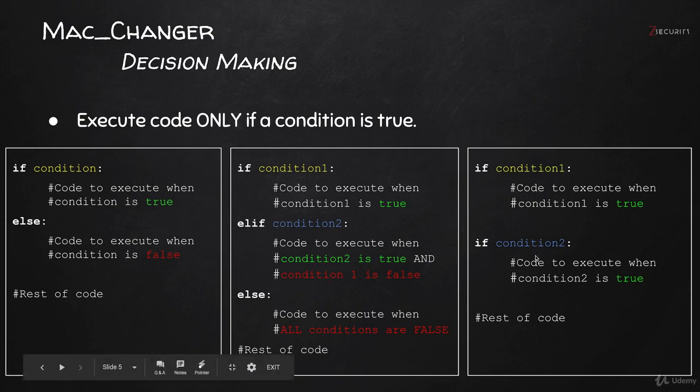Whereas in here, these are two separate if statements. So if condition 1 is true, the code here will be executed. If condition 2 is true, the code here will be executed as well. You can also use elifs in here. You can use else with them. The reason behind this is these are two separate if statements.